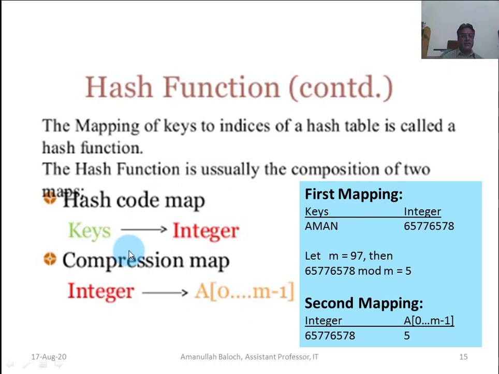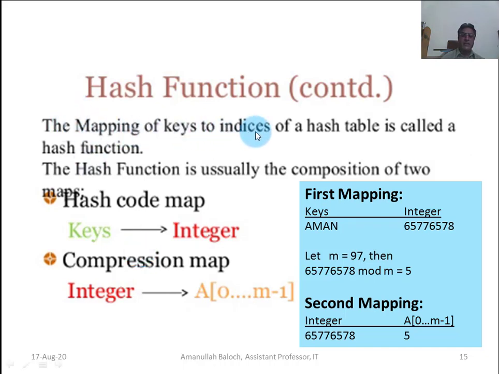A little bit more effort is needed to convert the non-integer keys into integers and then integers into hash addresses. This is a two-way step.